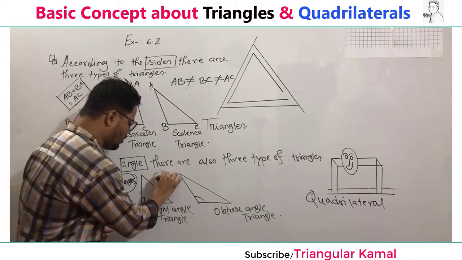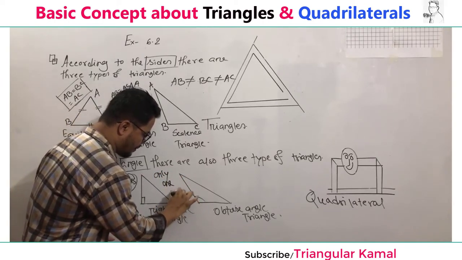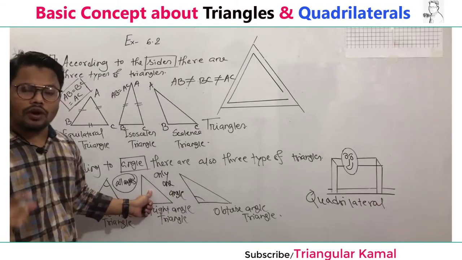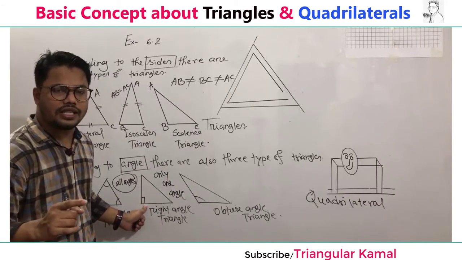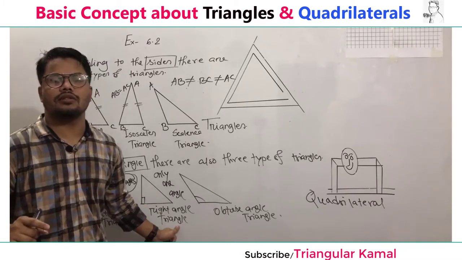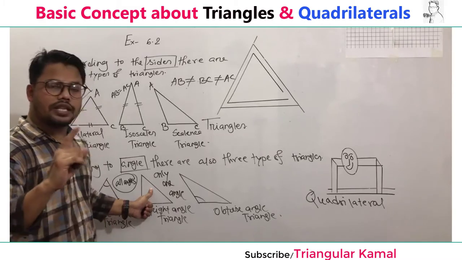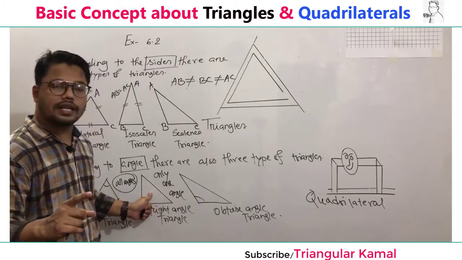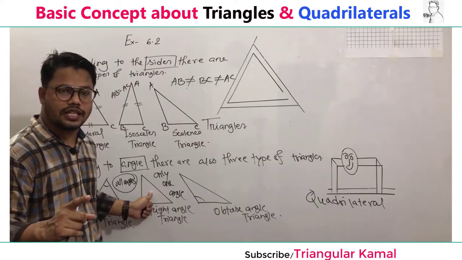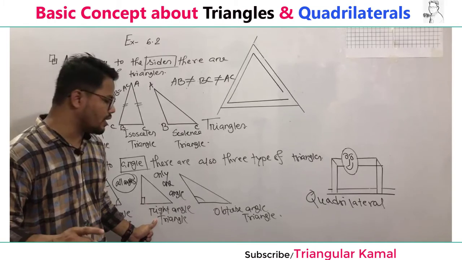When only one angle is a right angle, or its measure is 90 degrees, this triangle is called a right angle triangle. So number 2, this one is only one angle, not three angles.